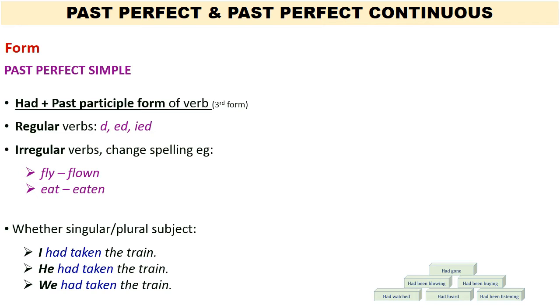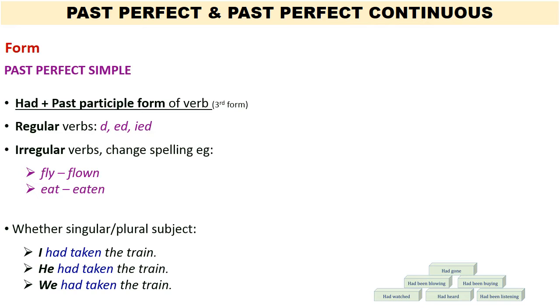Now with regular verbs, this means we add a D or an ED or an IED to the main verb. However, with irregular verbs, we'll need to change the spelling. For example, the verb to fly.